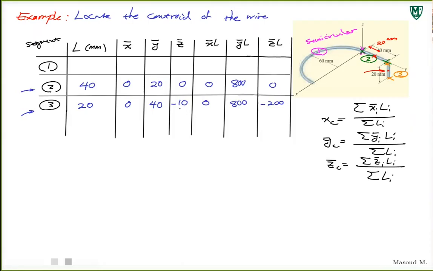Now, let's go to segment 1, the semicircular segment. We have to find its length, where its X bar is, and where its Y bar is.